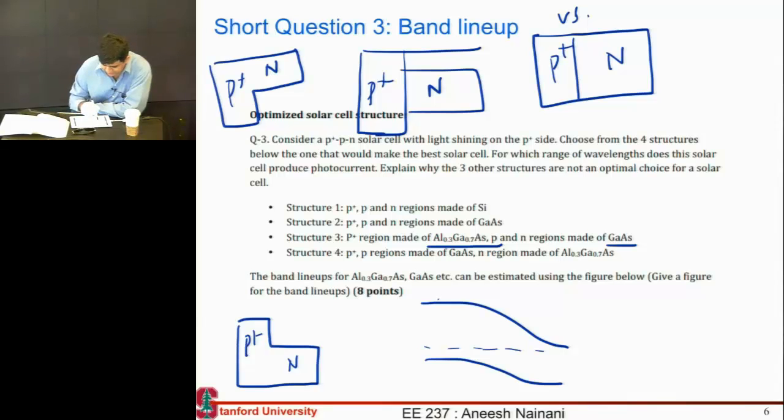These things are usually called the window emitter material. So let's discuss exactly. What do you think would happen if this material has a larger band gap compared to my base? Let me erase this over here.